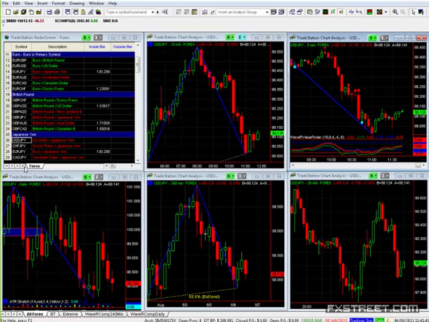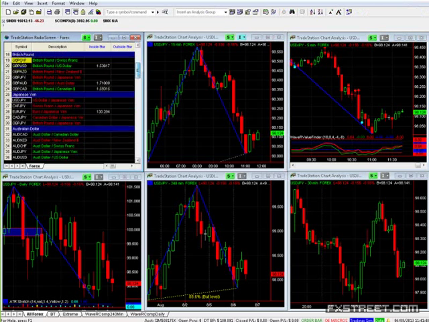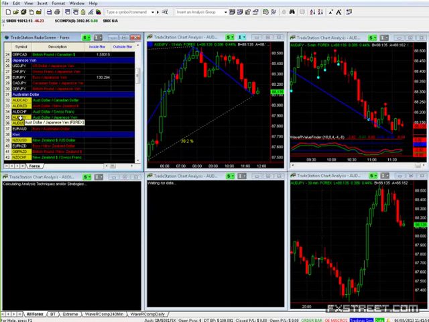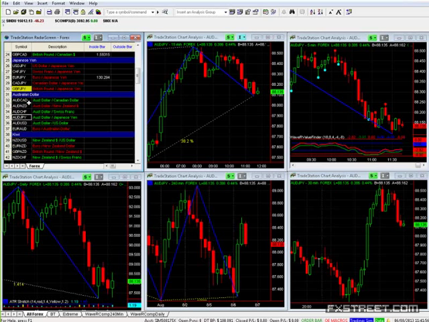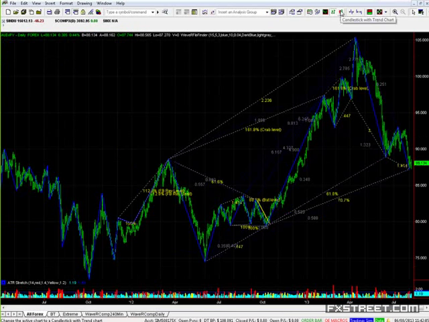Now, I want to link together the Japanese yen with the Australian dollar. And that is the AJ. This has been moving down substantially for a period of time.